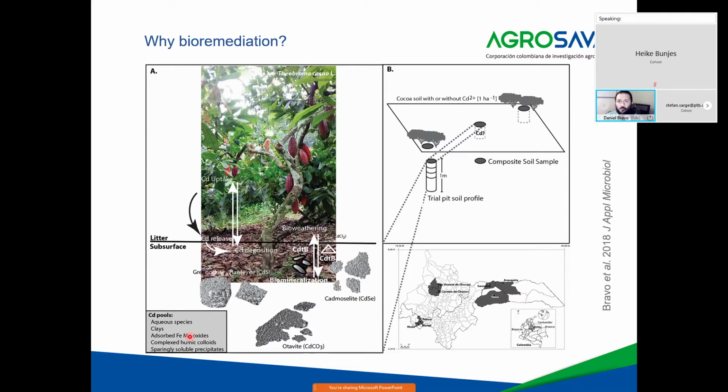But why use bioremediation? This is because the cadmium-tolerant bacteria have the capability to transform the cadmium from soluble forms into non-soluble forms. That is called bioweathering.